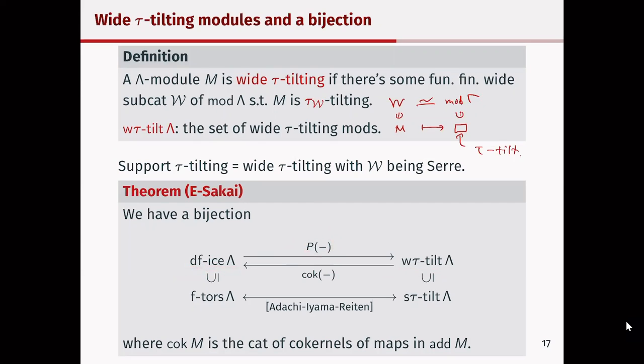But since an ICE closed subcategory is not closed under factor modules, we can't use Fac, but instead we take cokernels, since an ICE closed subcategory is closed under cokernels. So it's natural. And coker M is the category of cokernels of all maps in add M. And this diagram commutes, which means that this bijection is a generalization of Adachi-Iyama-Reiten's bijection.